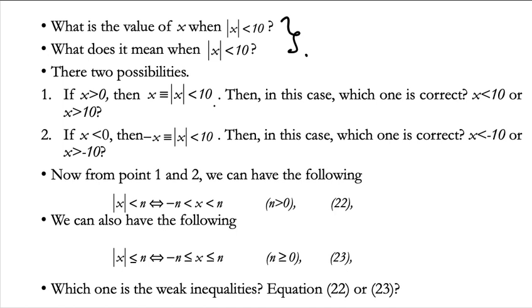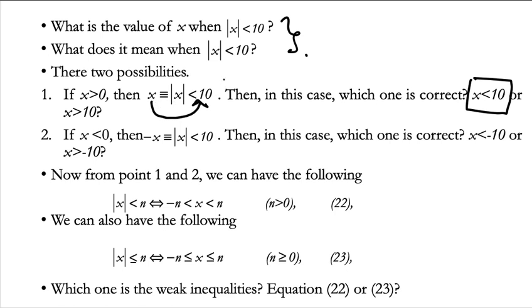Now, in this case, which one is correct? Is it x less than 10 or is it x more than 10? You look here. Okay. So that means this one is correct, isn't it? Look at the way I make the conclusion here.